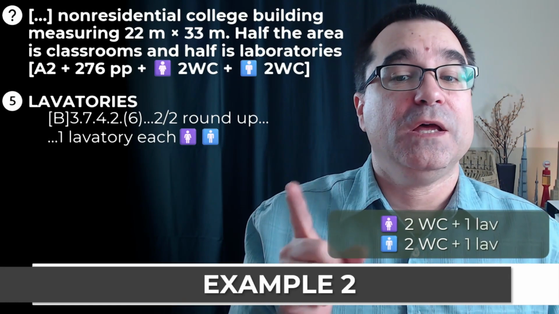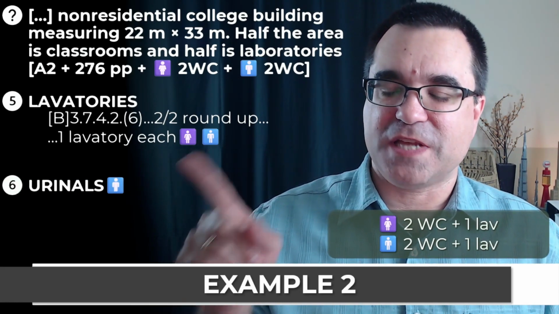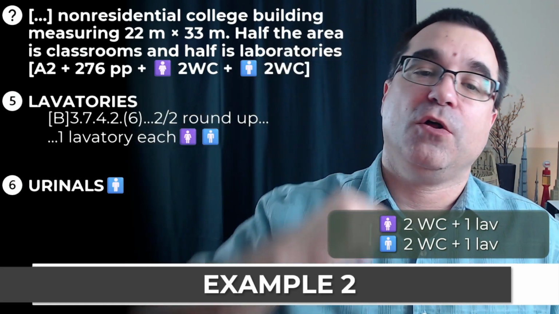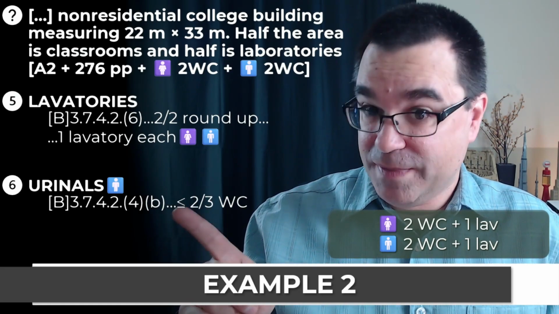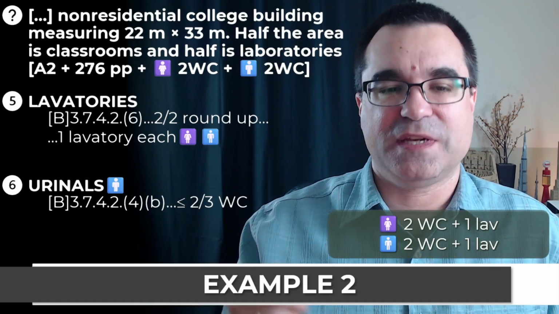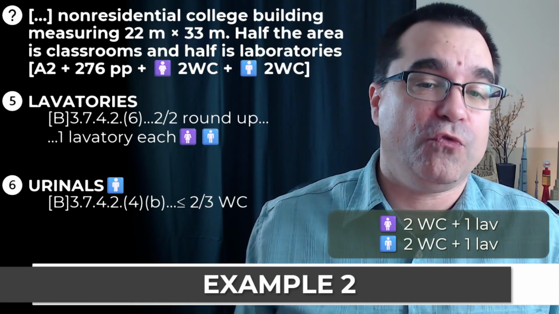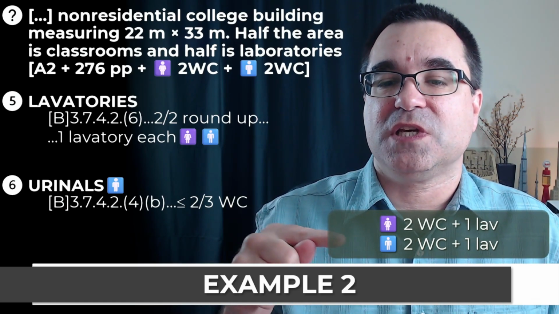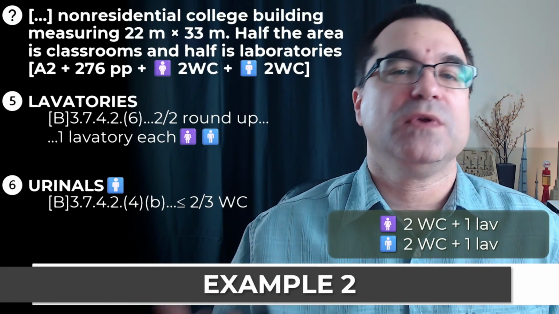Now, for urinals, okay, this is the final step. So we have 2 water closets, 1 lavatory for each female and male washrooms. For urinals, based on this major occupancy, we go to clause 4b. So that is clause 3.7.4.24b, which says that up to 2/3 of the water closets in the male washrooms can be replaced with a urinal.